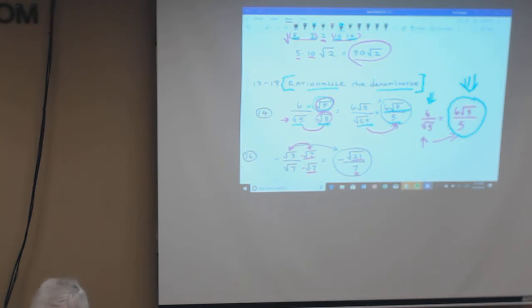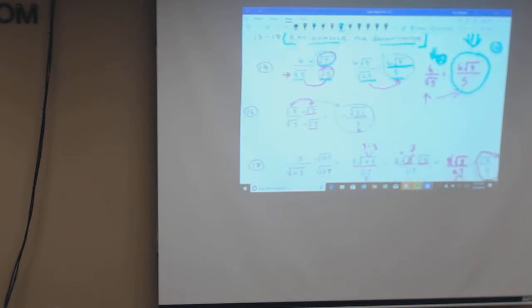But when I look at this, I get a smiley face because it just looks beautiful. When I look at this, no, that makes me frown, because I don't like irrational numbers in the denominator.